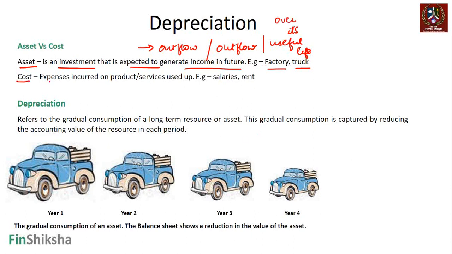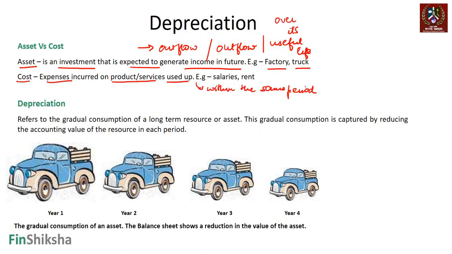A cost, on the other hand, is any expense incurred on products and services that are used up within the same period. Anything that has a useful life of more than a year is going to get classified as a long-term asset.